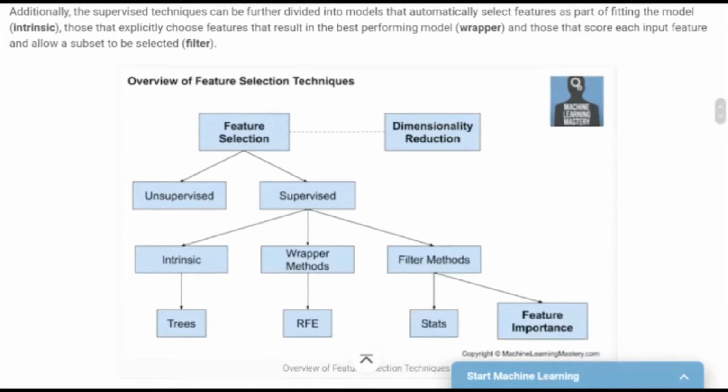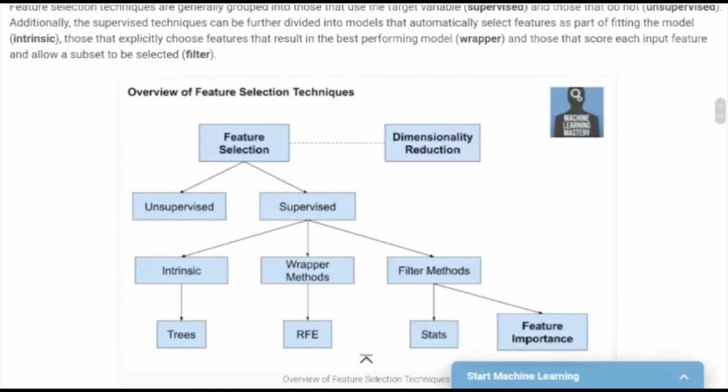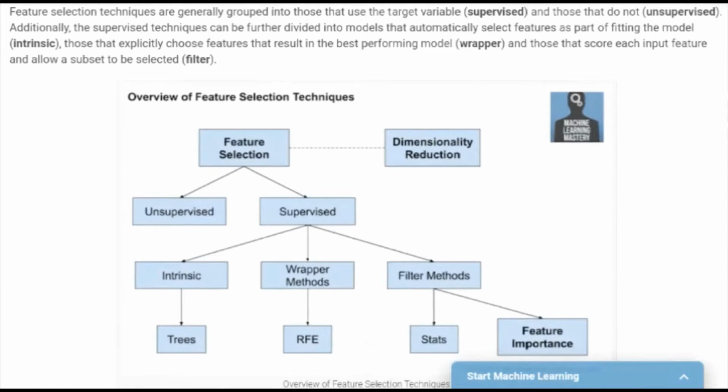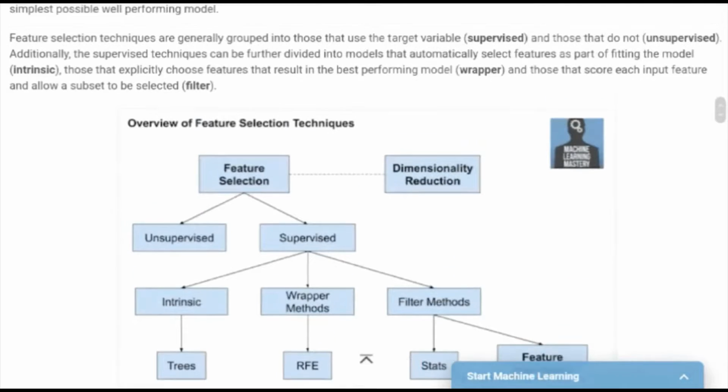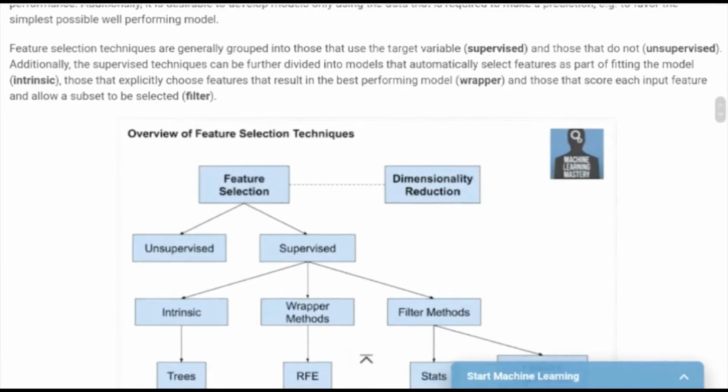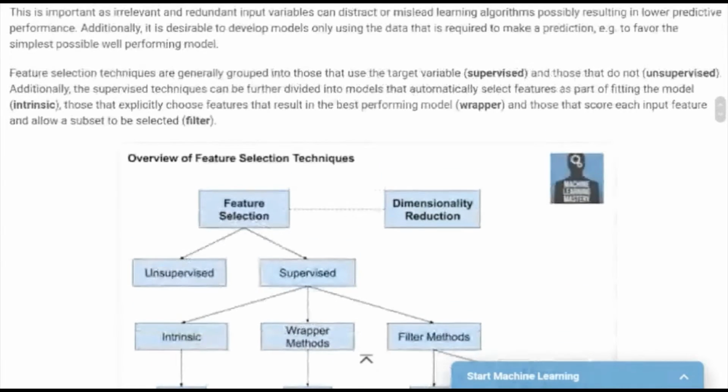Further, intrinsic method is considered as the tree methods. Wrapper method is the radial basis functions, and filter method includes the statistics and the feature importance. So in the supervised method, it will consider those target variables, and in unsupervised, it doesn't include the target variables.